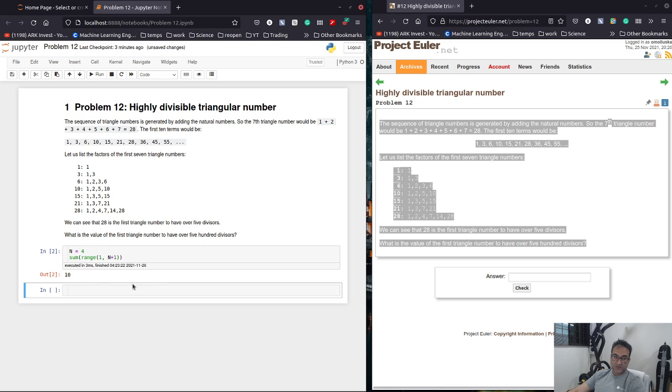But there's a better way of calculating it, I think, and the way you calculate it is n times n plus 1, divided by 2, and that is the sum of a series. So you add 7 to 1 and 6 to 2 and 5 to 3 and then sum it all up.